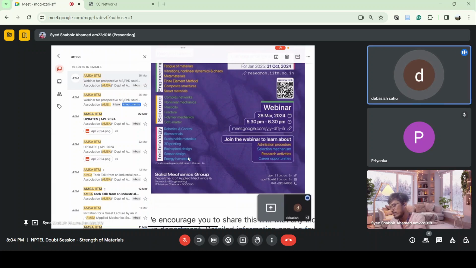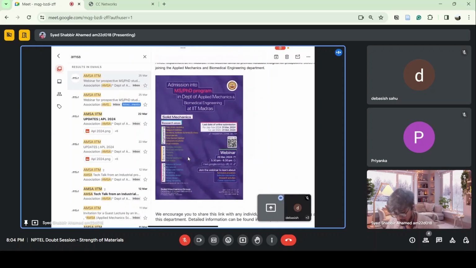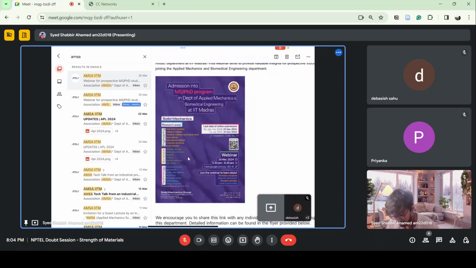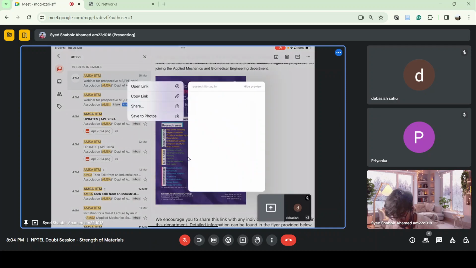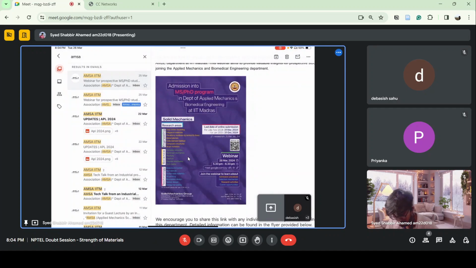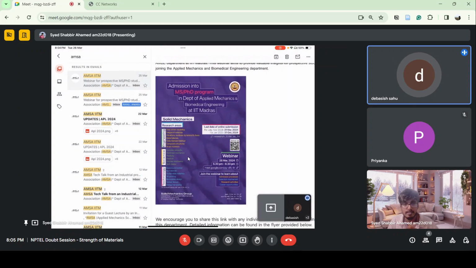Sir, is it possible to copy this link and paste it in the chat? No, it is an image.